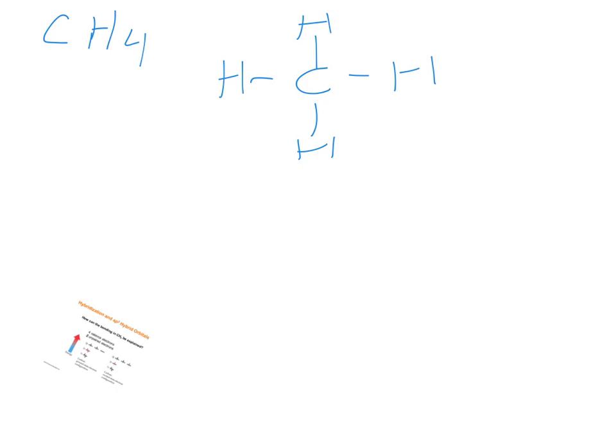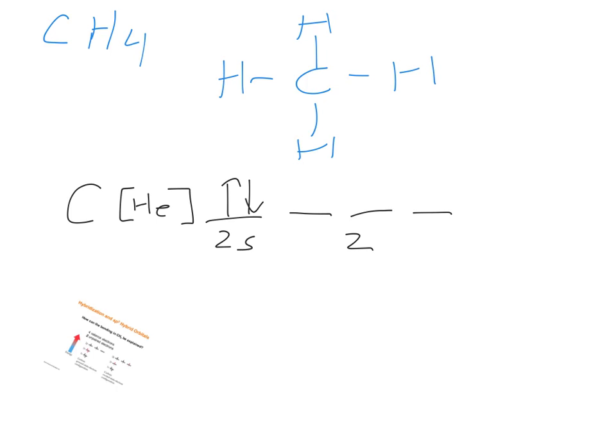Look at the electron configuration of carbon. Carbon is helium 2s2 2p2. Think about what we just talked about when it comes to valence bond theory.